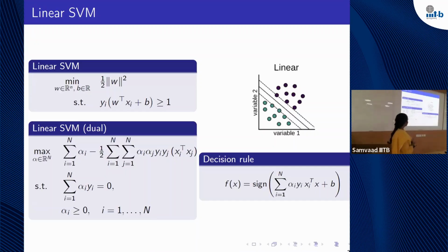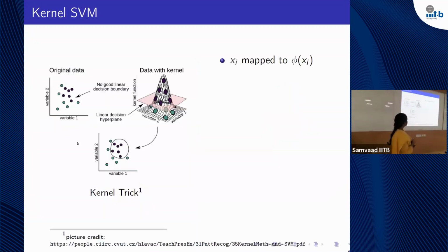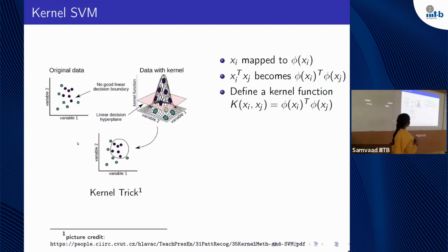What will these terms then be? Xi transpose xj becomes phi of xi transpose phi of xj. And now I define a kernel function k evaluated at xi comma xj. This is defined as the dot product between phi of xi and phi of xj.